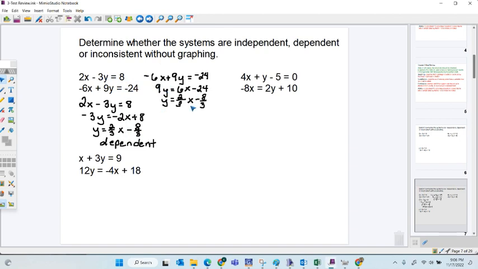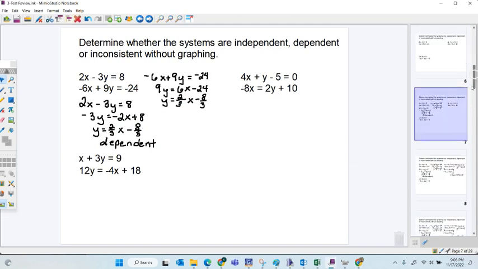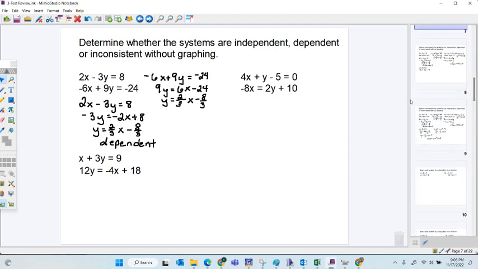When this one is solved for y, you get y equals 2/3 x minus 8/3. We find out that they're the same equation. When they are the same equation, they are dependent. You just need to know independent, dependent, and inconsistent. We did have several terms, but these are the terms that you're required to know for your test.